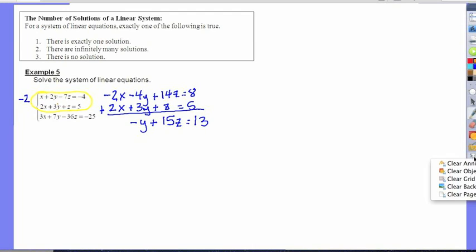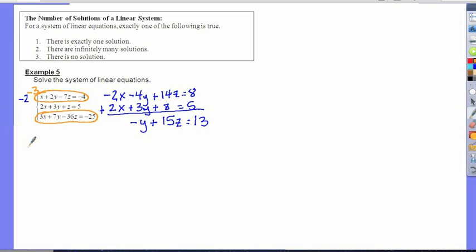Let me get rid of this for a second here. It's a little bit bigger here. Instead of doing the second and the third, why don't we do the first and the third? And if we do that, then we only have to multiply this top equation by -3, and that makes it a little bit easier.